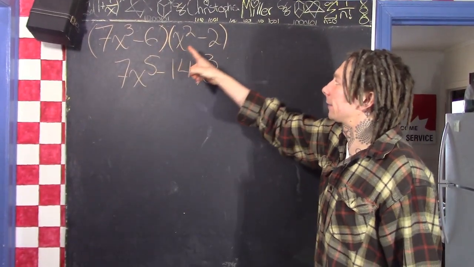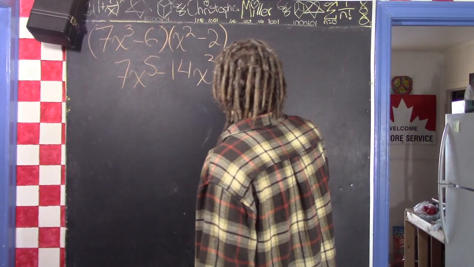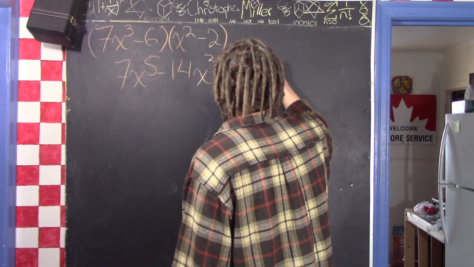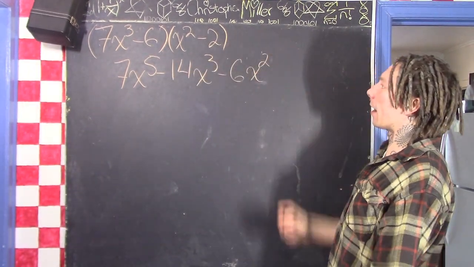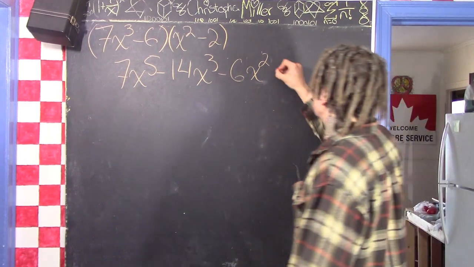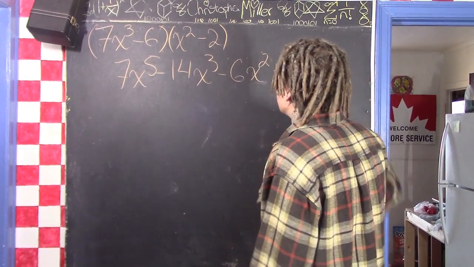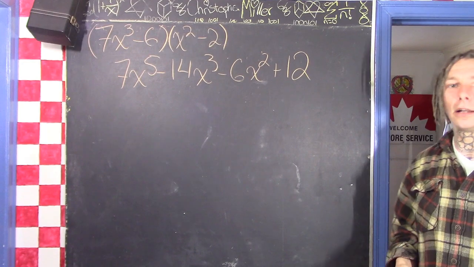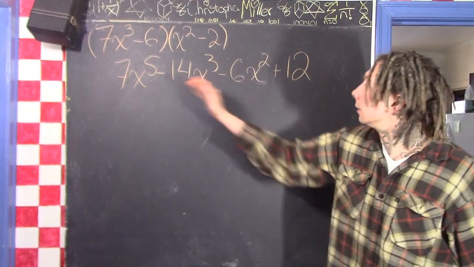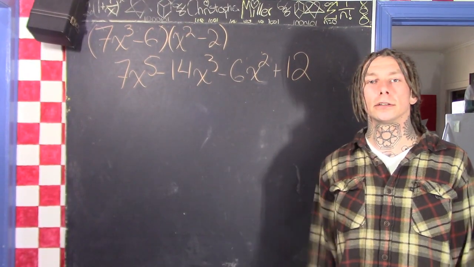Move to the minus 6 by x squared, minus 6x squared. Minus 6 multiplied by negative 2, plus 12. And that's already stuck together because of the uneven powers. Look at that.